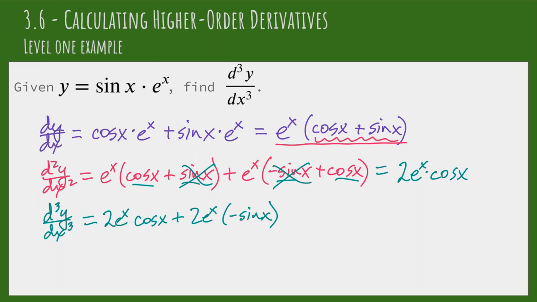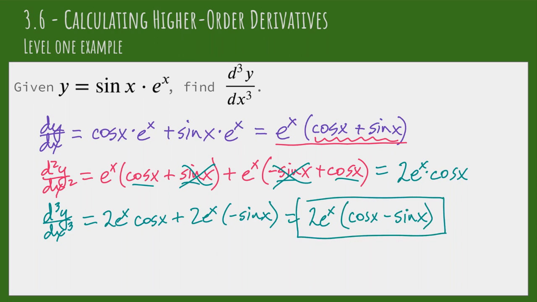I definitely wouldn't want to do that if it was free response, but if it was multiple choice, I would have to match an option, which would probably look more like this. I would imagine the 2e to the x would be factored out, and then the cosine of x minus sine of x. So this is likely to be the way the answer would look if it were multiple choice, but free response, that is a perfectly acceptable answer right there.